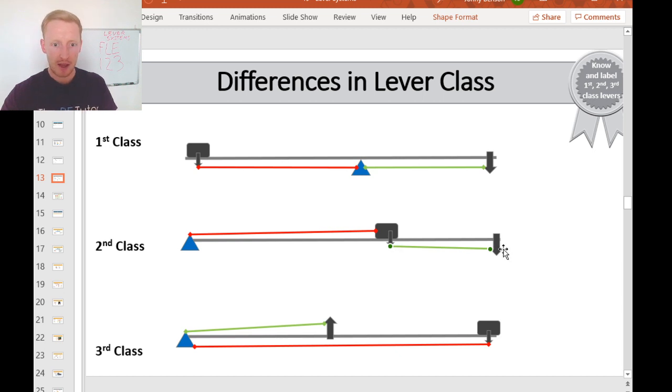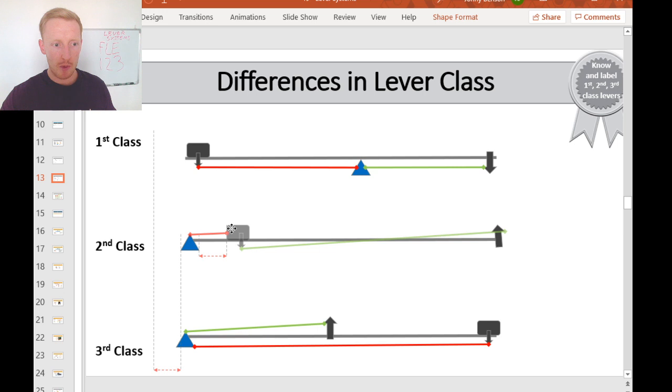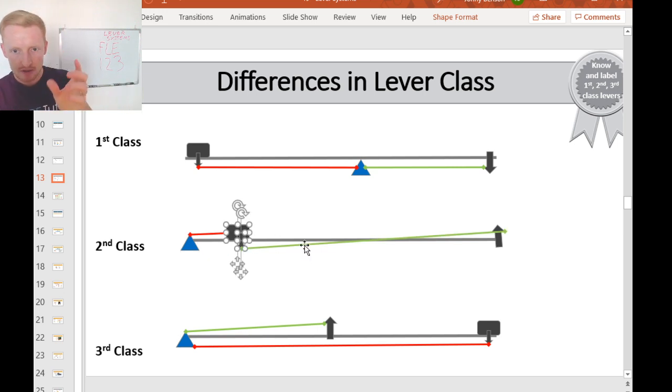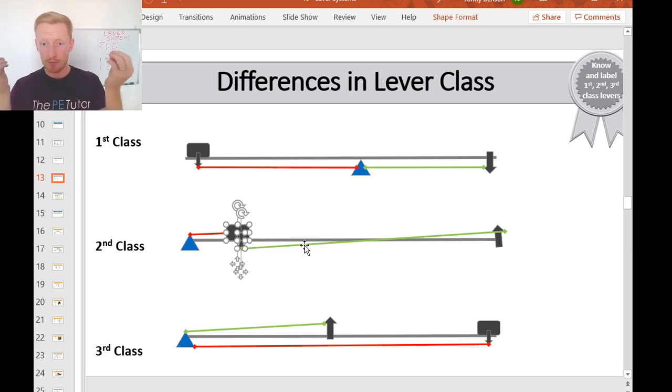So if we had this person applying effort at one end and they're trying to lift that plank upwards, the effort arm is going to increase if we were to move the load nearer to the fulcrum. So the effort arm and the resistance arm, okay, it's the distance of those two components from the fulcrum.